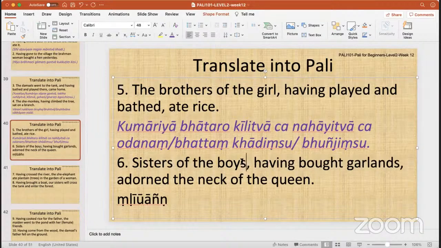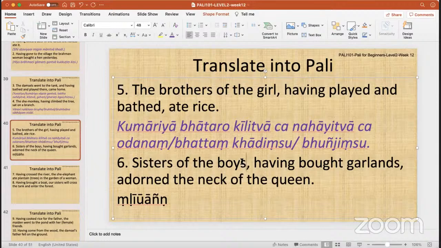Yeah, then we can say Alankarinsu. Atita Kala Pathama Purusha Bahuvachana. Sisters of the boys. So what is the subject here? Sisters or boys? Sisters. So like the same question as before, like Kumariya Bhatro, we also have to use this one.